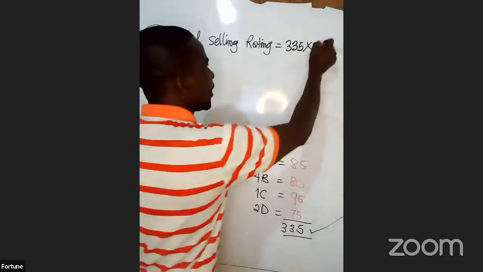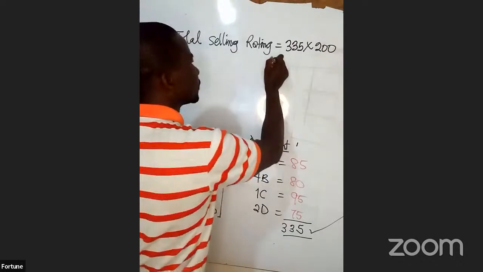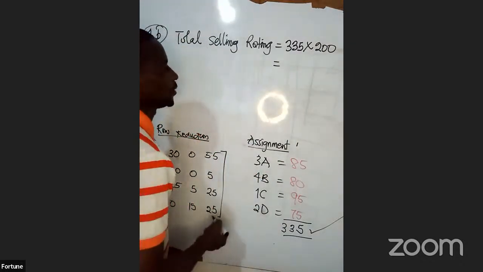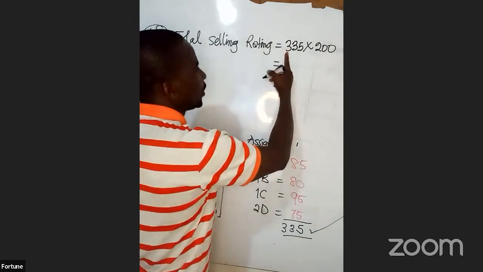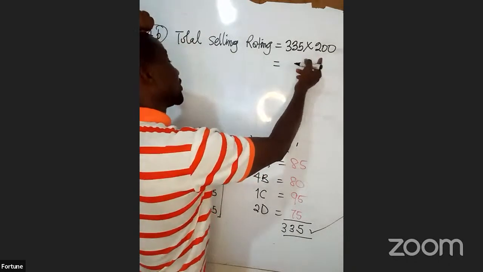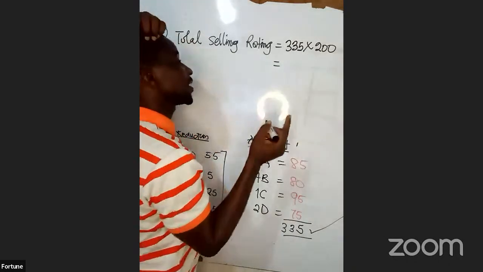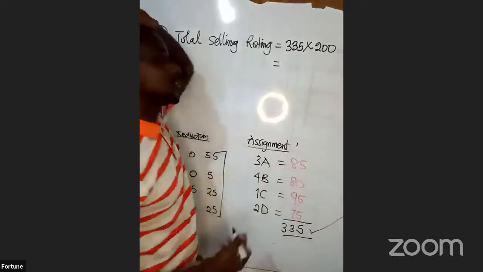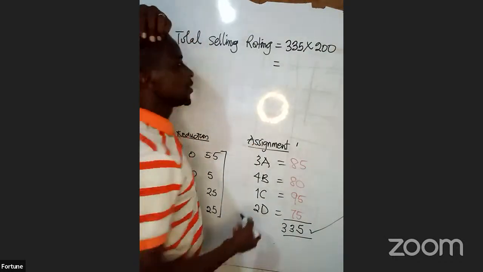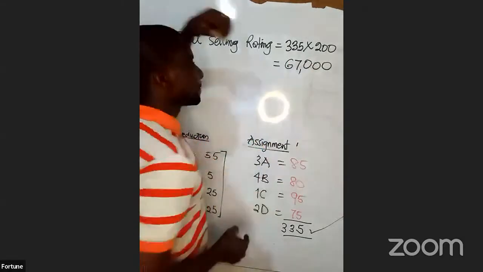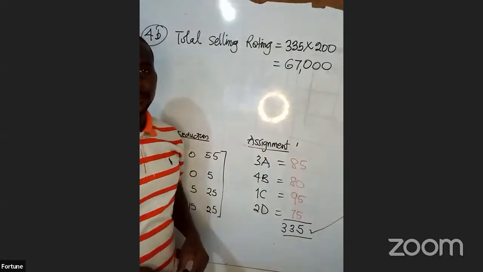So multiply that by 200. So this would be 335 times 2 is 670, right? Then we add these 2 zeros. Is that 67,000? Yeah, 67,000. Okay. So that's it.